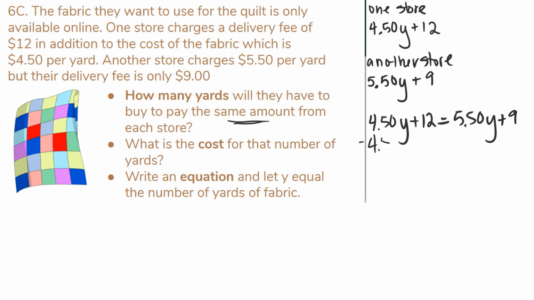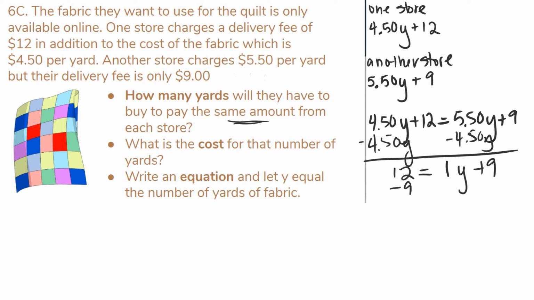So let's take 4.50y away from both sides. And I get 12 is equal to $1 per yard plus 9. Take 9 away. So they're going to have to buy 3 yards of fabric in order to pay the same amount.